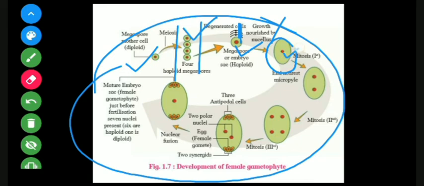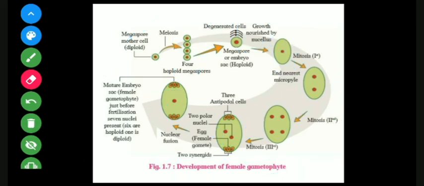One nucleus will undergo mitotic division to form 2, which will form 4 nuclei, and then 8, 4 towards the upper part and 4 towards the lower part. One nucleus from each pole will migrate toward the center, and these will be called the secondary nucleus. So 3 antipodals, the lower part is the egg apparatus, and the central one is called the secondary nucleus. This was the entire development of the female gametophyte. I hope you understood the entire developmental stage.